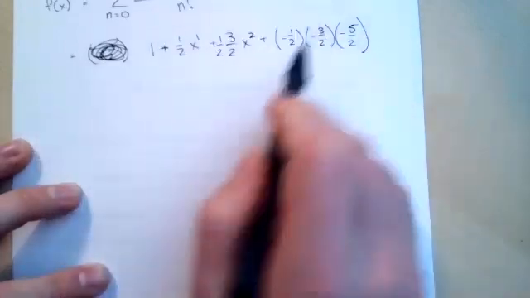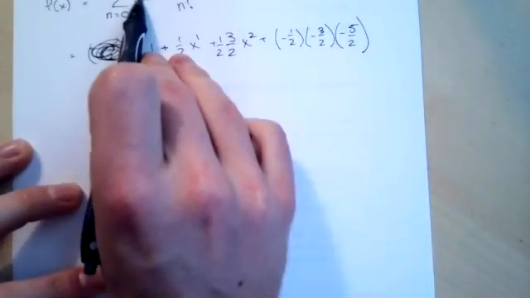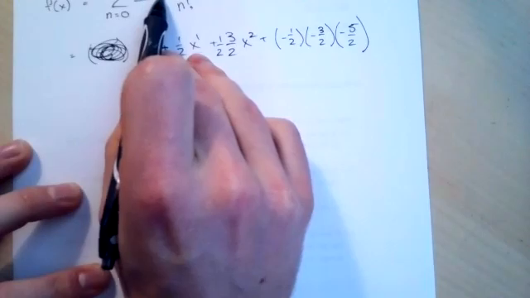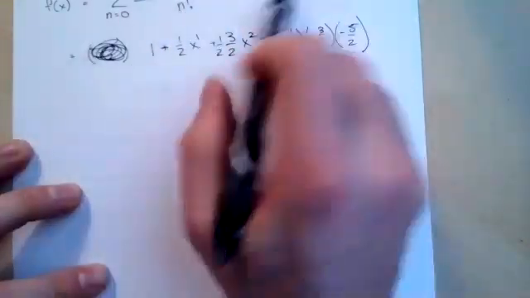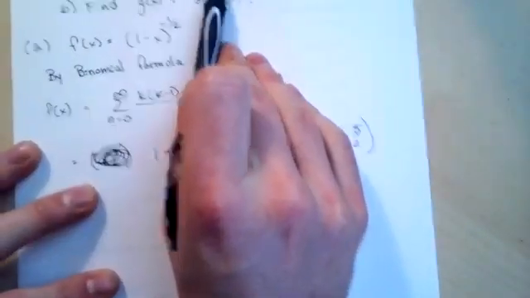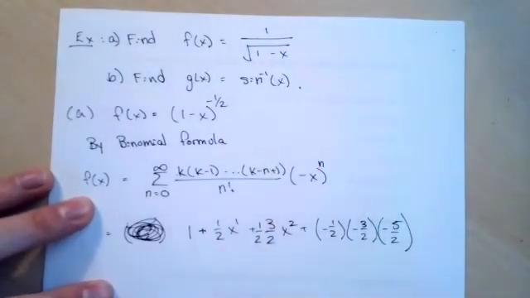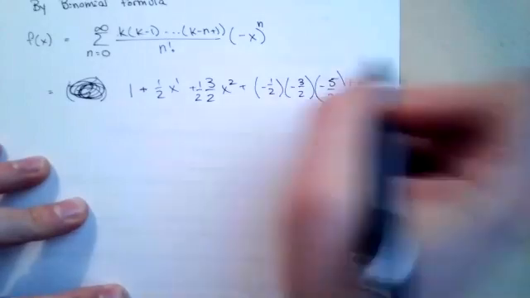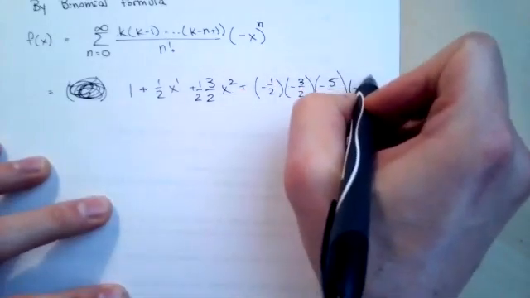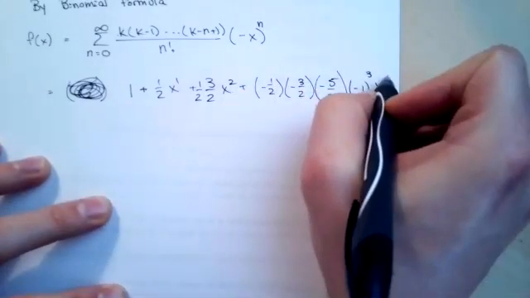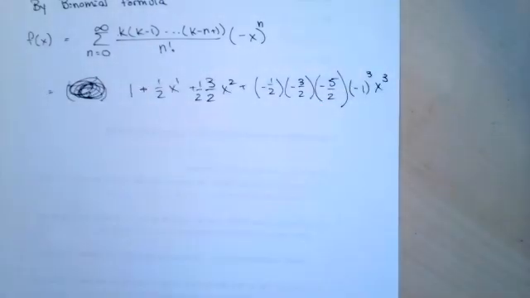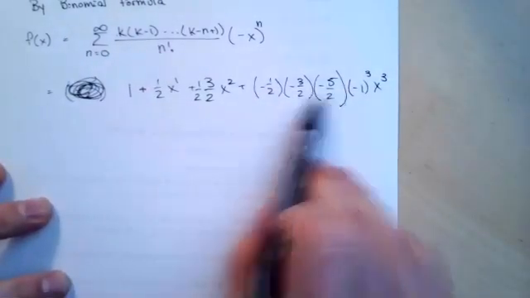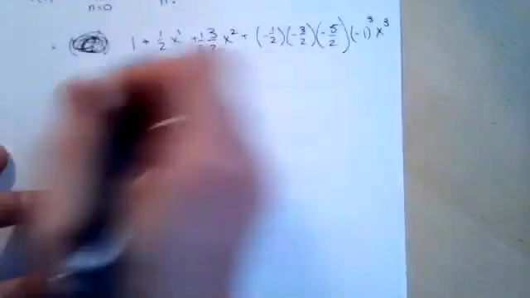So not only are we having these minus signs come in from our coefficients, our minus 1/2, minus 3/2, but then we also have this alternating piece from that minus x we got to work with. So we will have a minus 1 cubed, x cubed. And so the minus signs will all end up canceling actually.